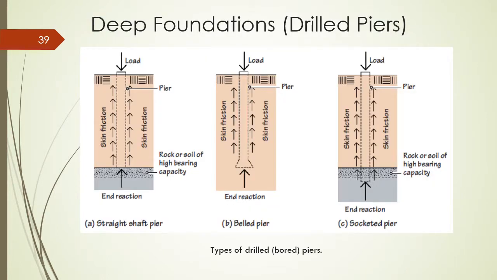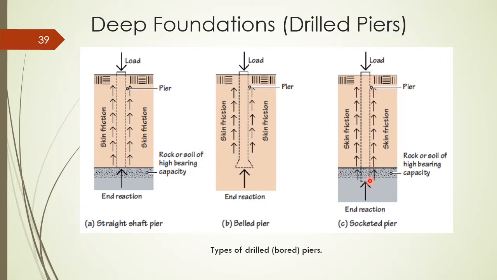So here is an end reaction pier, end bearing on a surface. Here's a belled pier relying upon friction of the soil, but with a bell at the end so that it becomes more difficult for this to be withdrawn because I have the pressure of the soil on this end piece.